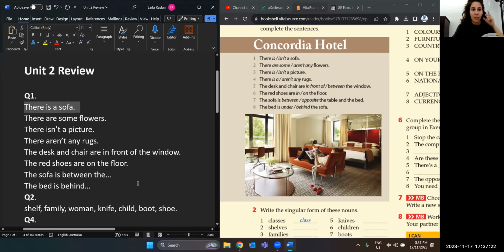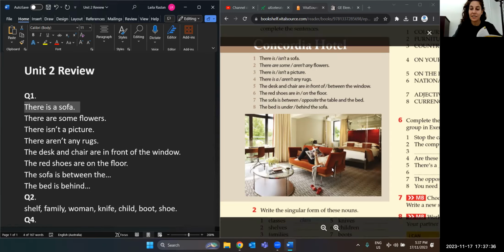Singular. We know because it says a. That's always for singular. Sofa, it doesn't have an S. And is from the verb to be, and that's used for singular. So there is a sofa in the room. Number 2, there are.